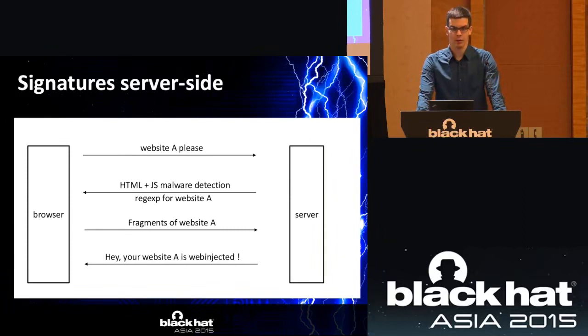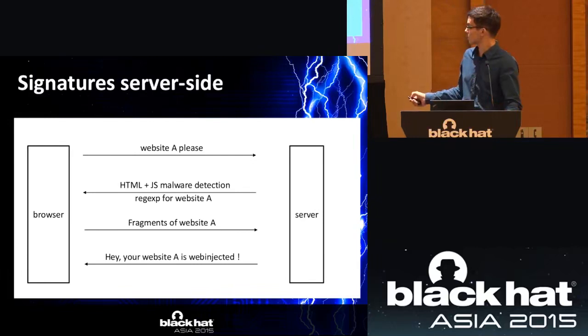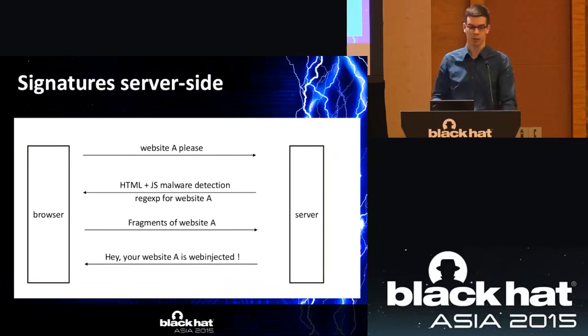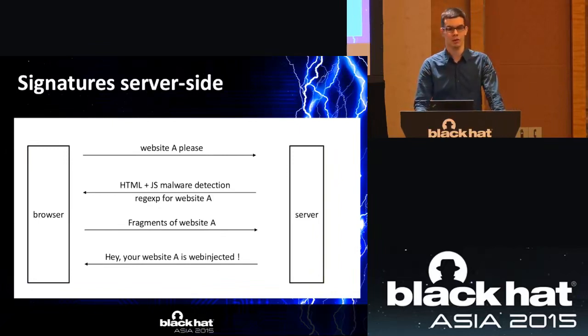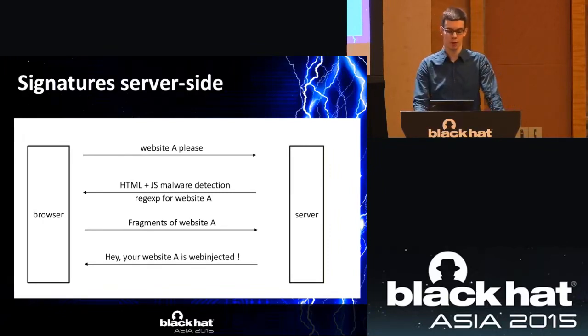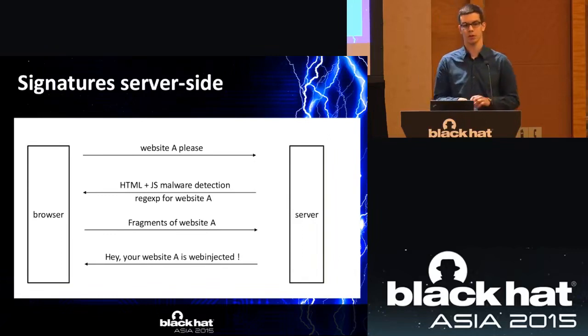It runs some regular expressions, extracting values from the site, for example some web forms, some fields, and so on, and in the next step sends those fragments to the server for analysis. So in this case, the signatures which are checked are still a mystery because the signature check is done on the server side, but we know, and potential attackers know, which parts of the site are analyzed for the signatures. And the server, after doing this analysis, knows if the current user session is compromised or not.